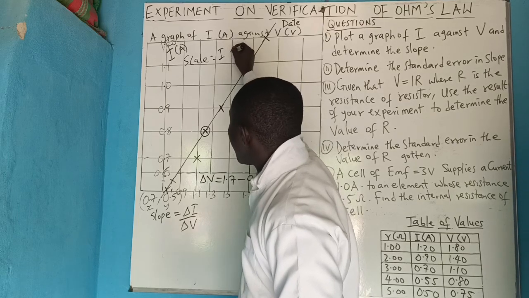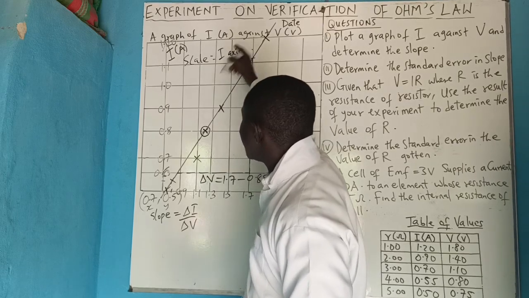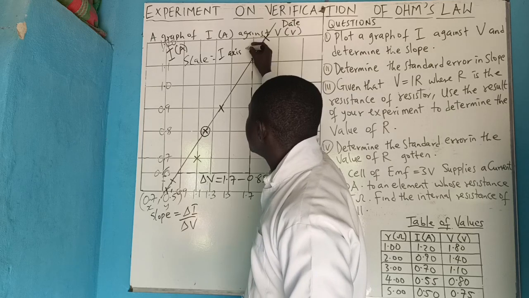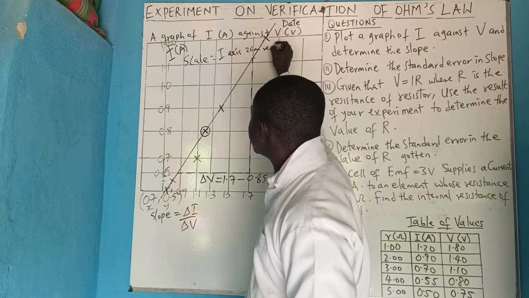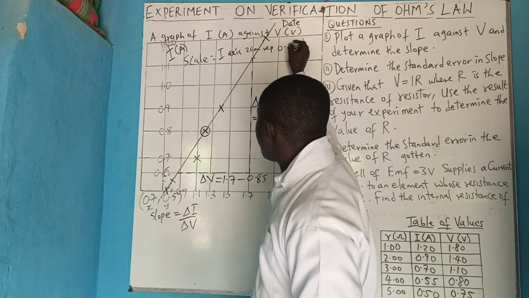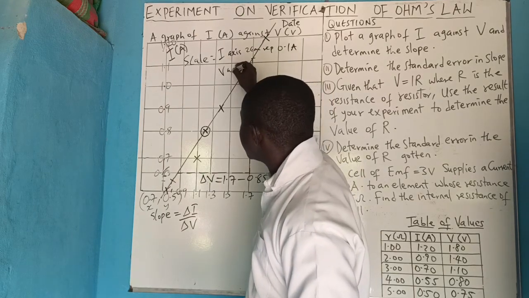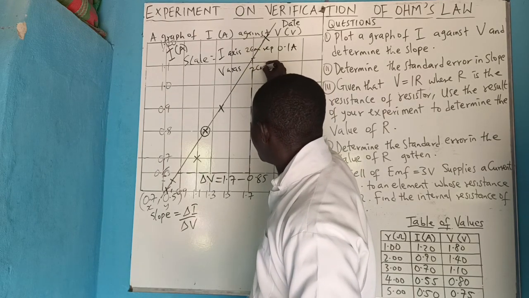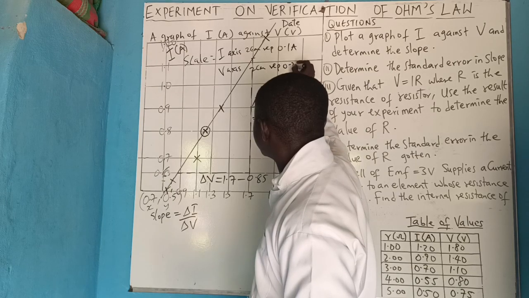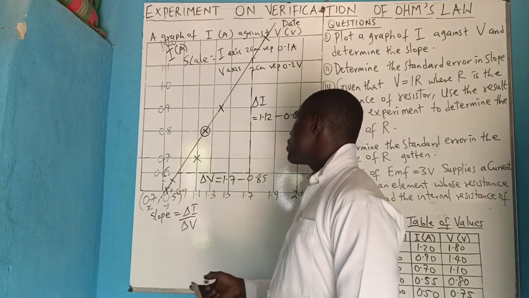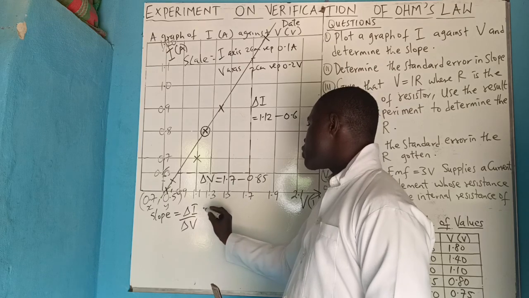On the I axis, 2 cm represents 0.1 ampere. On the V axis, 2 cm represents 0.2 volts. You include it so that the graph will look sweet.